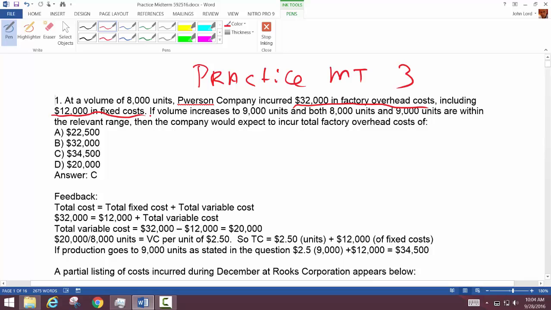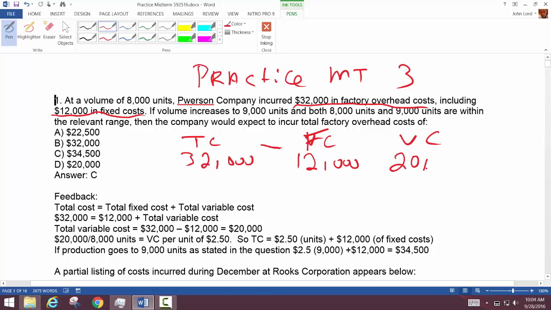So if our total overhead cost is 32,000, and the fixed is sitting here at 12,000, then the variable's got to be what? 20,000. Okay, good.